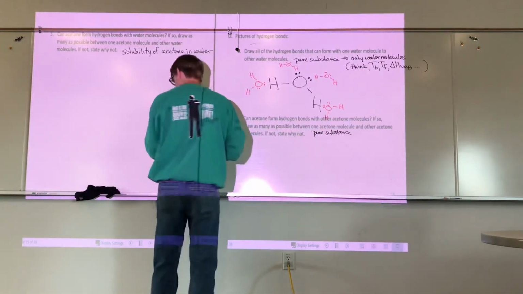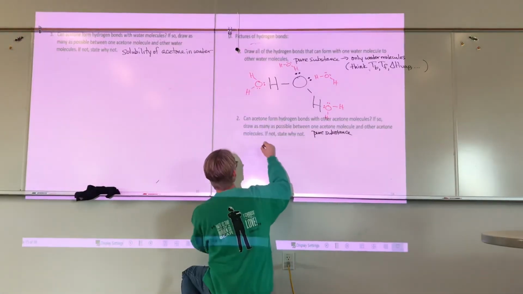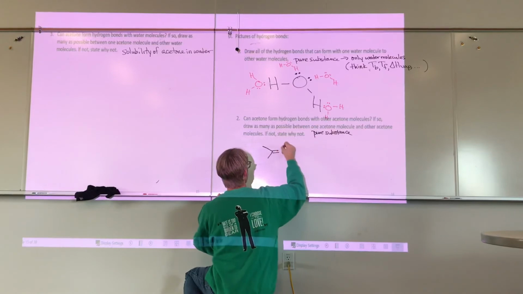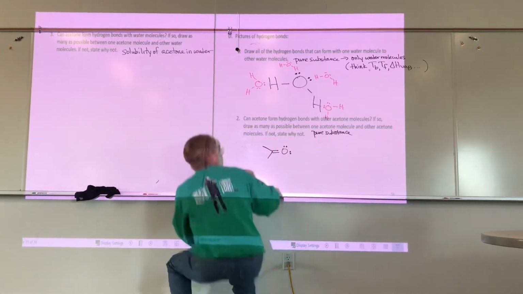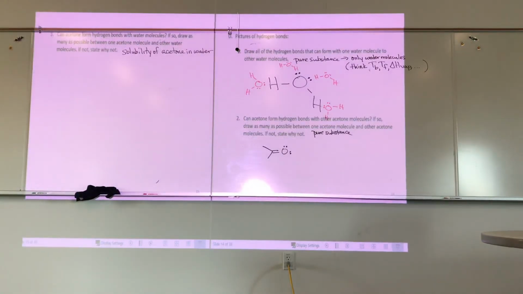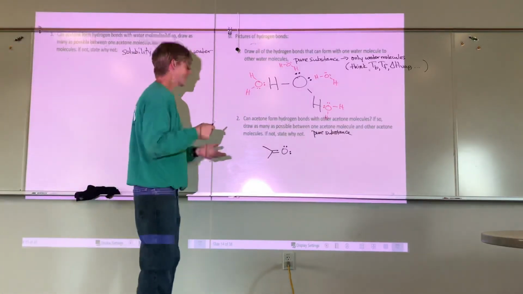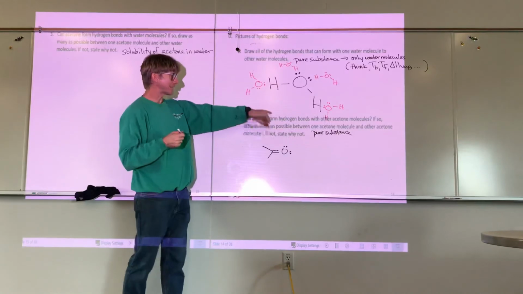Well, let me draw an acetone molecule. Here's an acetone molecule. And the answer is going to be no. An acetone molecule cannot hydrogen bond with another acetone molecule because you need two things to make a hydrogen bond.